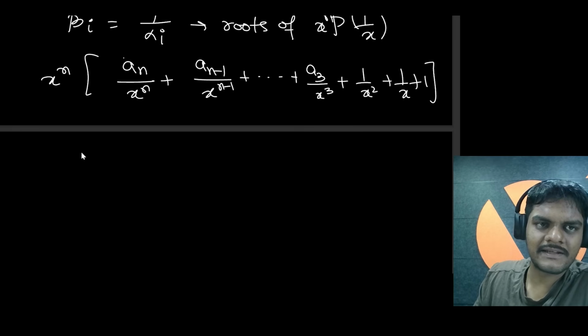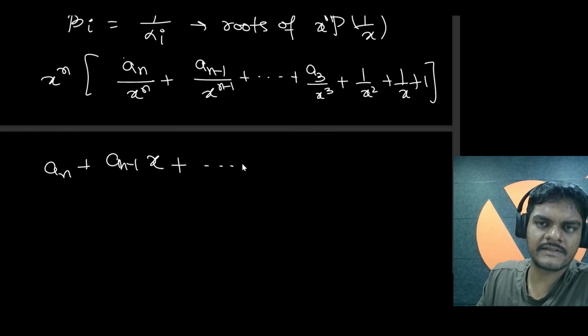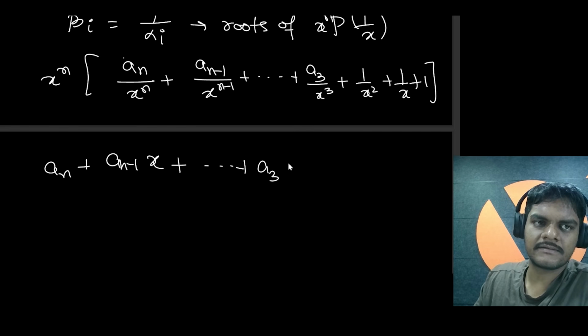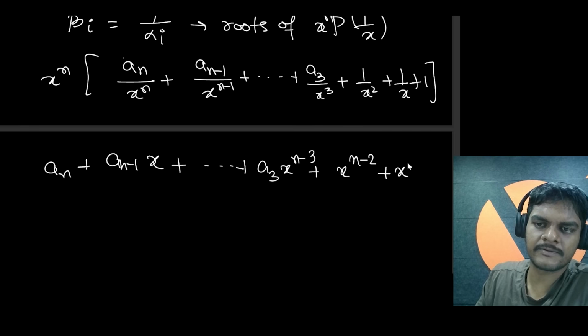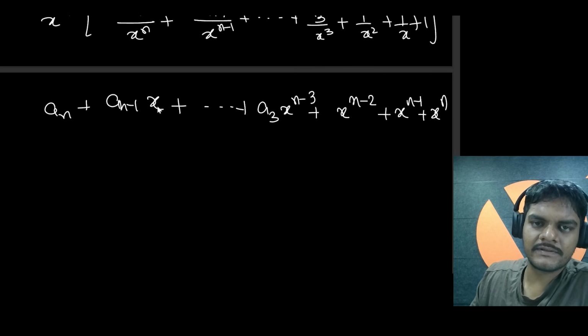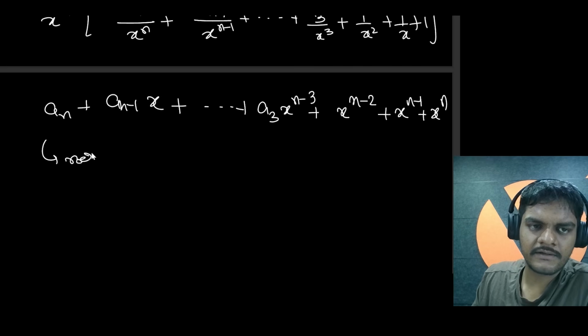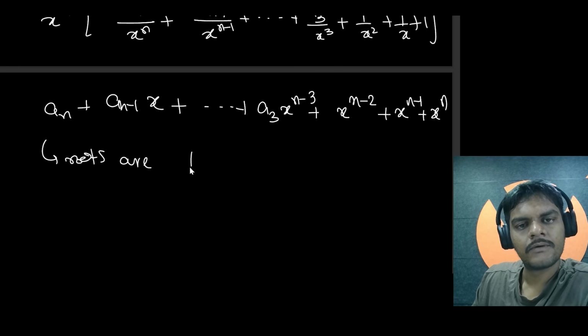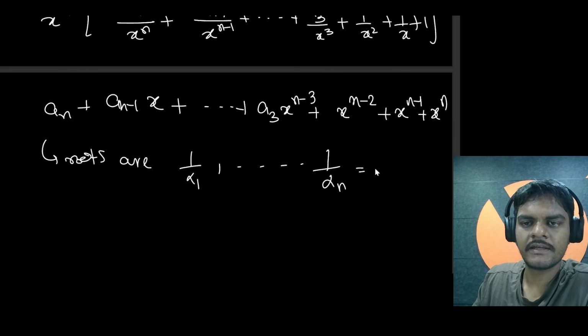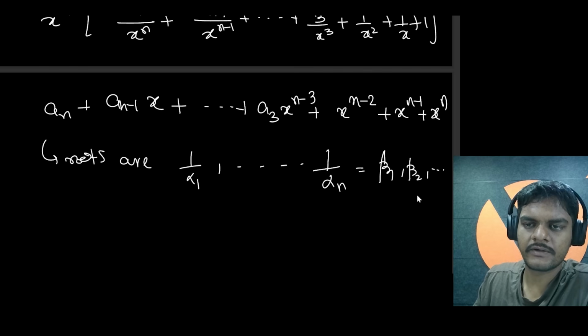So what is this exactly? This is an plus an minus 1 x plus till a3 x power n minus 3 plus x power n minus 2 plus x power n minus 1 plus x power n. So its roots are 1 by alpha 1 dot dot dot till 1 by alpha n, which will be beta 1, beta 2, so on till beta n.